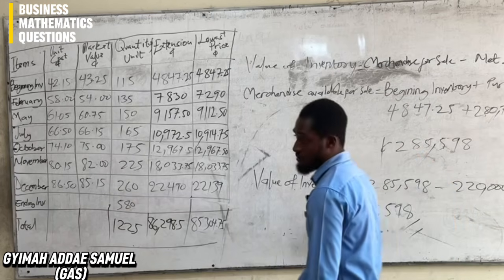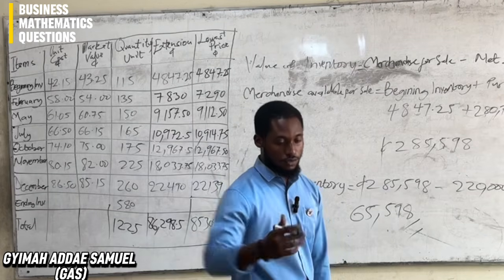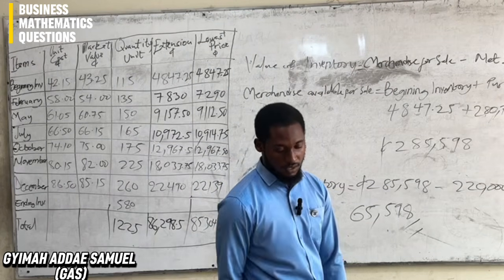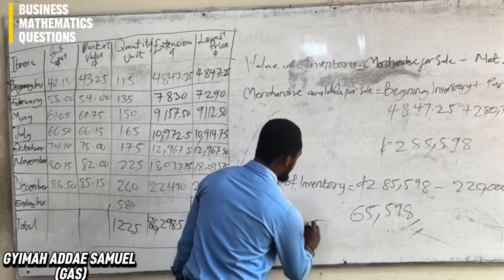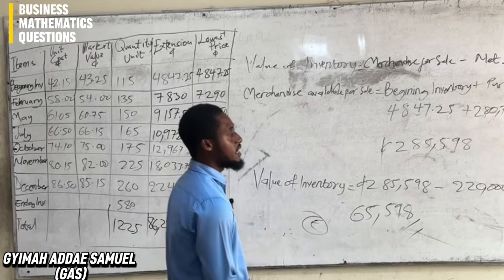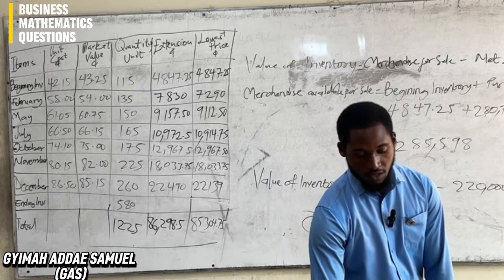This figure is not given in the options, so you write this answer and you shade E on your scannable sheet during examination.